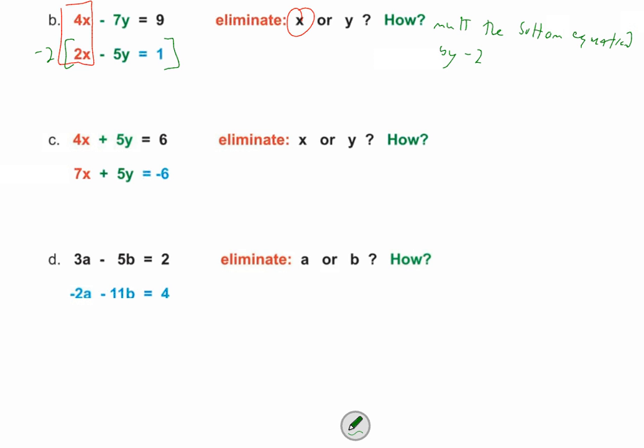You notice I put a bracket around the whole bottom equation and a negative 2 out in front. Wouldn't that get me to a negative 4x? And then when I add a positive 4x and a negative 4x, what do I get? 0. Whoosh. They're gone. Eliminated. Sayonara. Hasta luego. Ciao, baby. All right? They're gone. And that's what we're after.